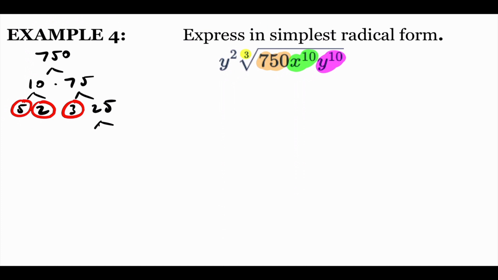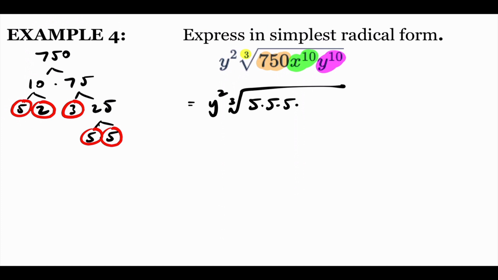And then 25, you can go 5 times 5. So 750 has 3 5s, a 3, and a 2.